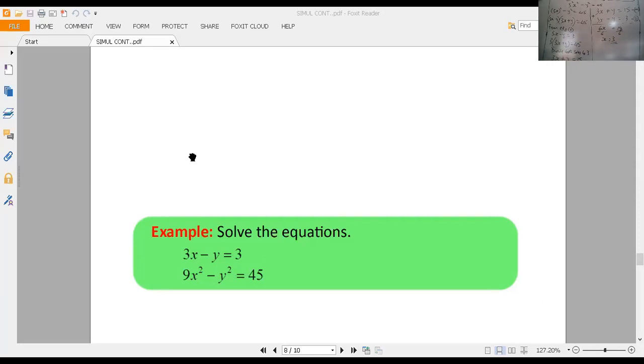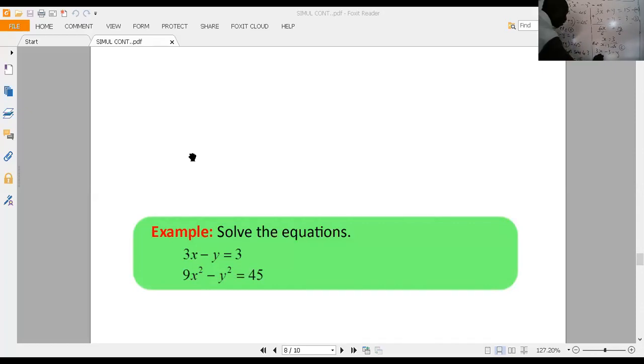The next thing is to substitute x equals 3 into an equation. Let's make use of equation 2. Now, from equation 2, you have that 3x minus 3 is equal to y.